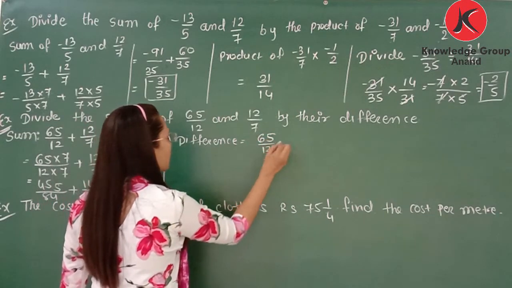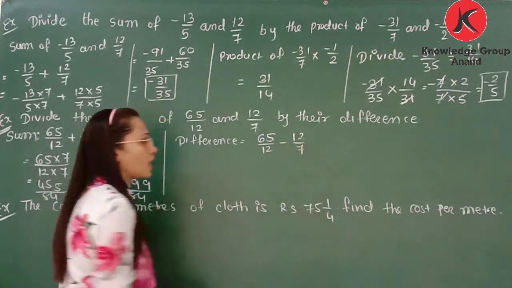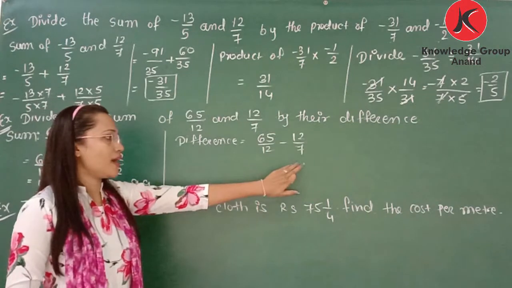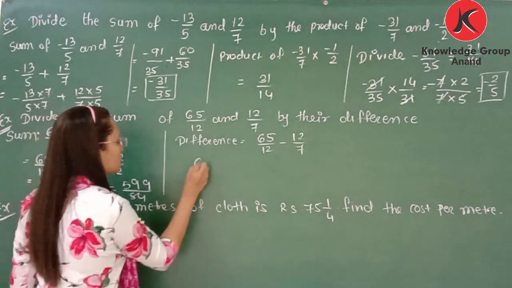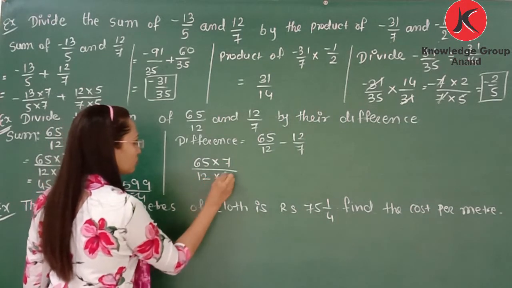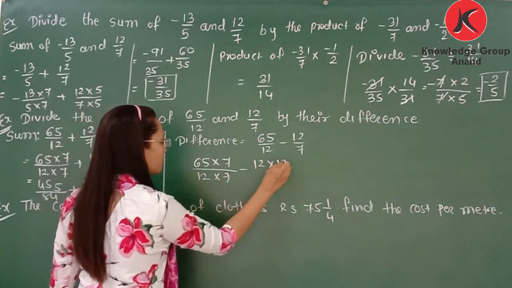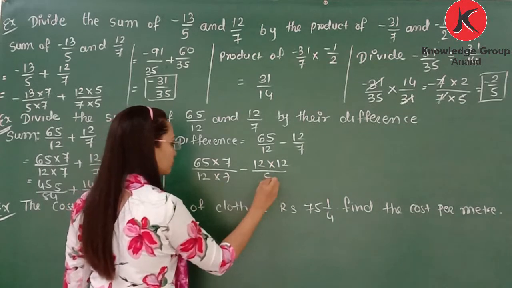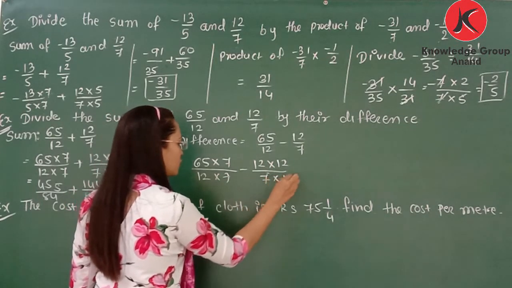65 by 12 minus 12 by 7. Again we need to take the LCM. LCM is 84. So 65 is multiplied with 7 and 12 is multiplied with 12, divided by 7 multiplied.